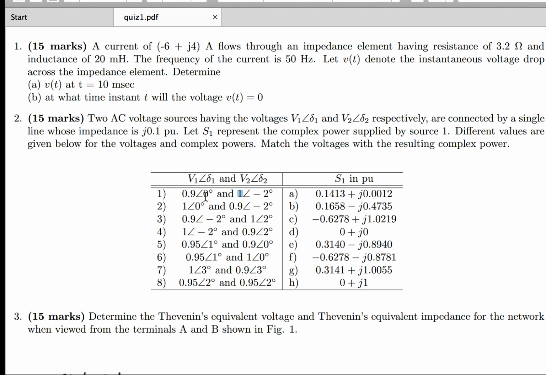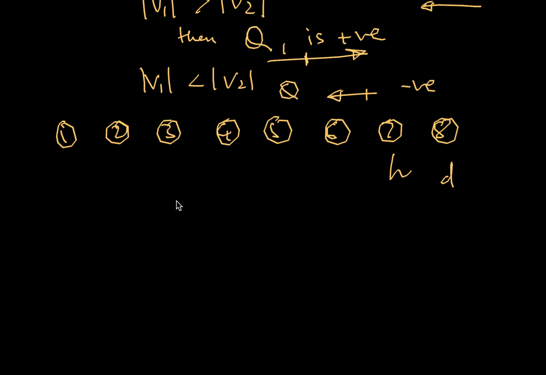So I am looking for a positive-negative combination for the first one. Positive-positive is not the answer. So B may be the answer, positive-negative. Similarly, E may be the answer. So B or E for the first one.